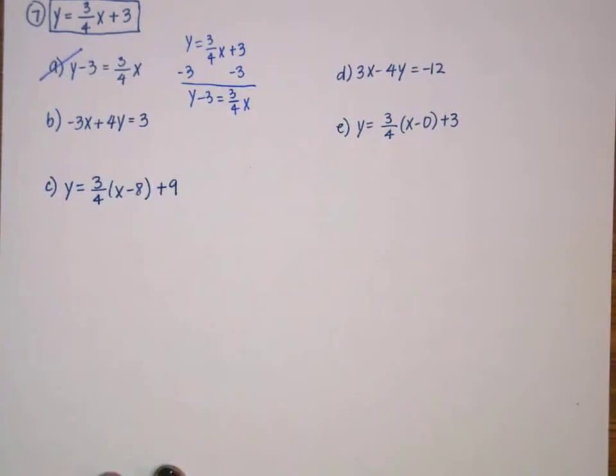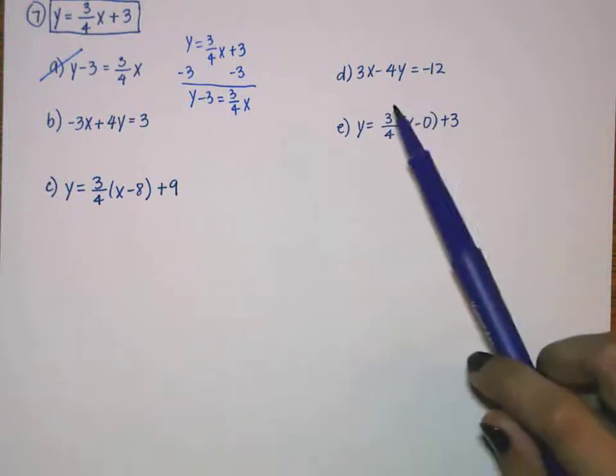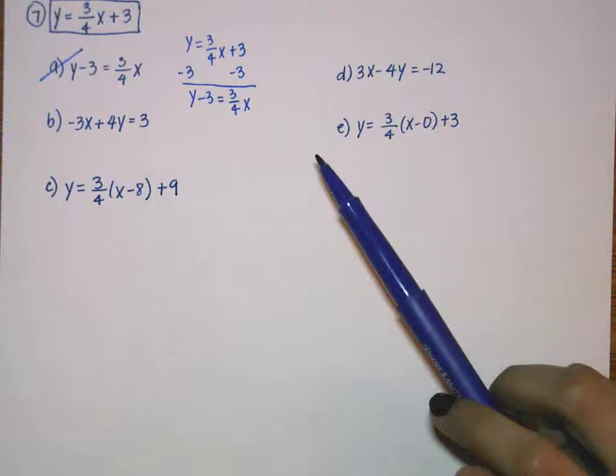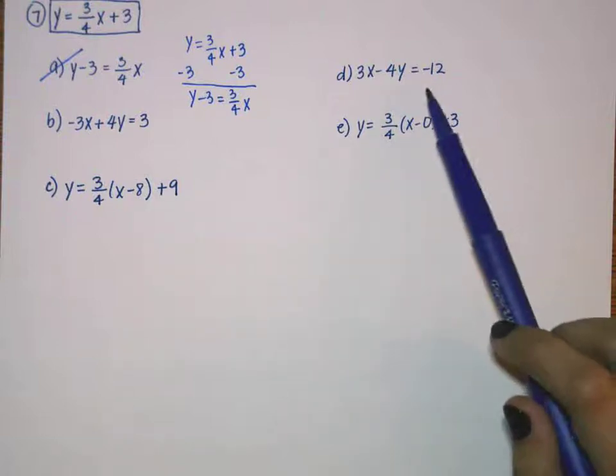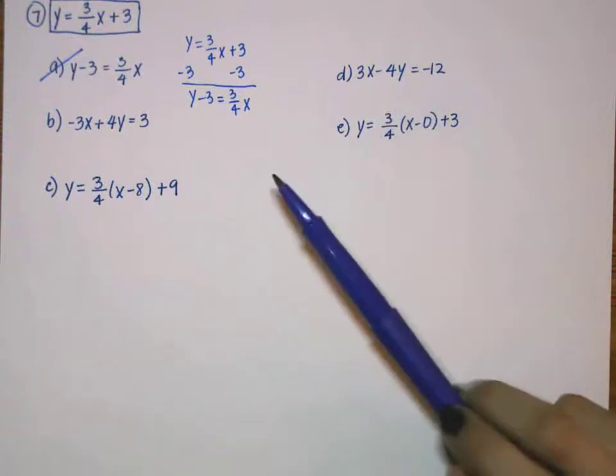Now, let's look at option D. If you'll notice on option D, both the x and y terms are on one side, and there are no fractions. So how can we manipulate our given equation, y equals 3 over 4x plus 3, into looking like this?